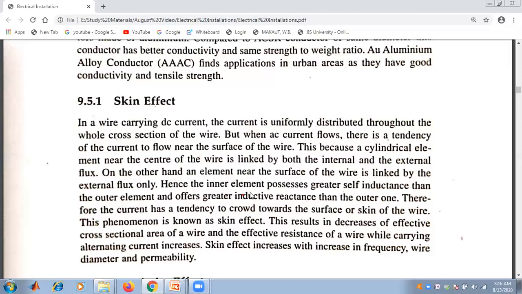Hence, the inner element possesses greater self-inductance than the outer element and offers greater inductive reactance than the outer one. Therefore, the current has a tendency to crowd towards the surface, or skin, of the wire. This phenomenon is known as skin effect.